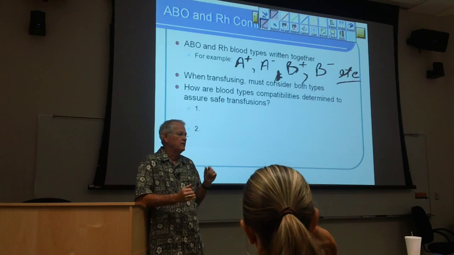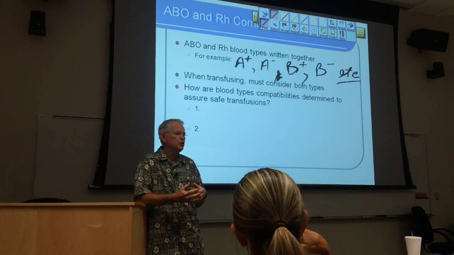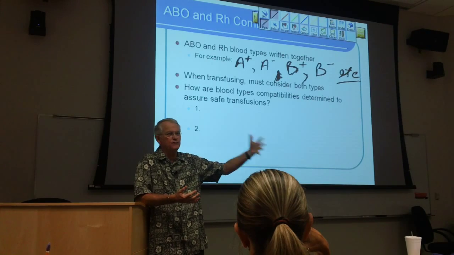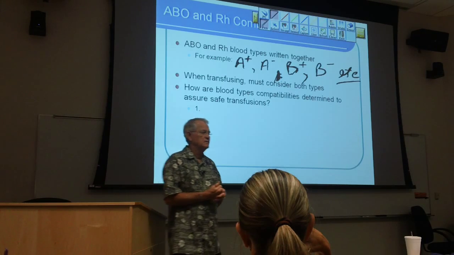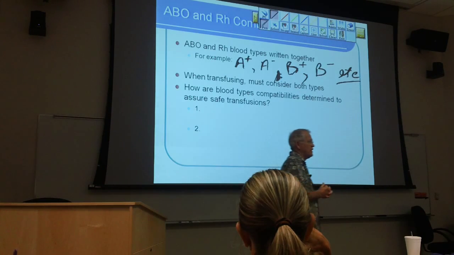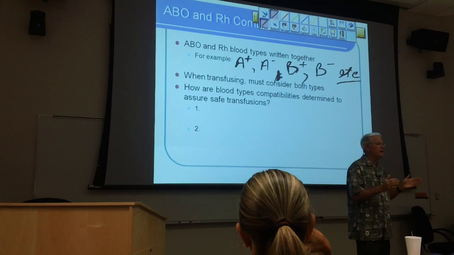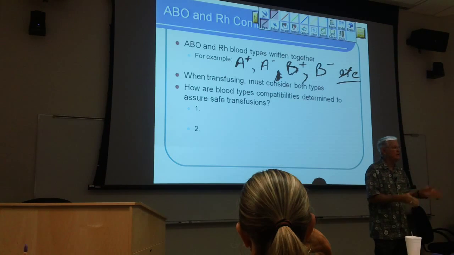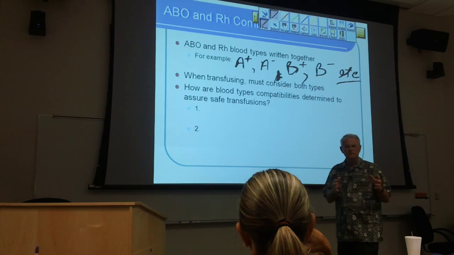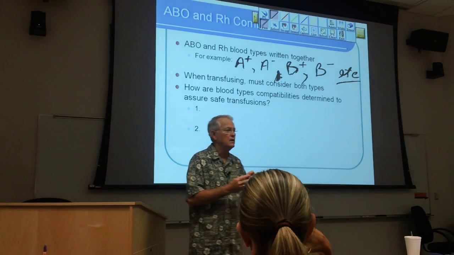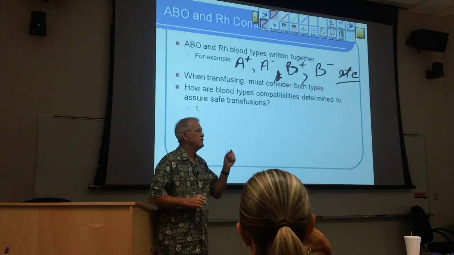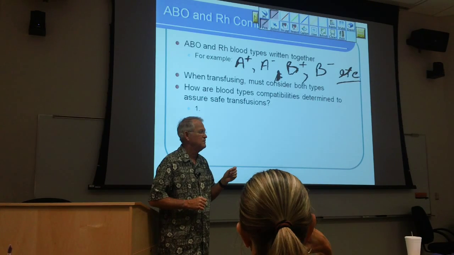Now think about it. Which blood could get or receive from anybody? AB positive has no ABO antibodies. No anti-A nor anti-B antibodies. So it can receive any ABO type, can't it? If it's positive, it can receive positive or negative blood.